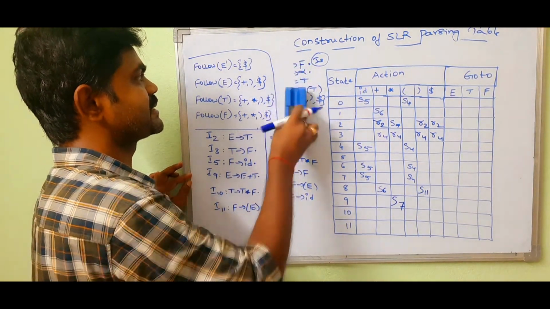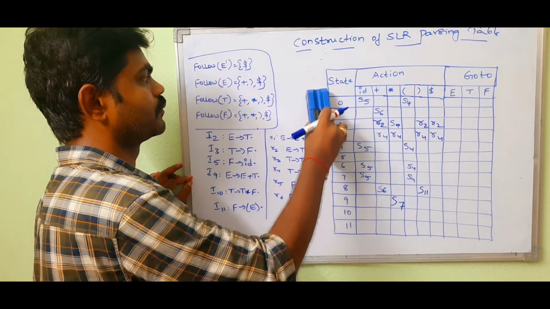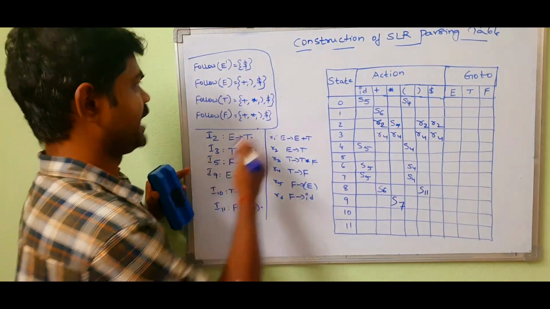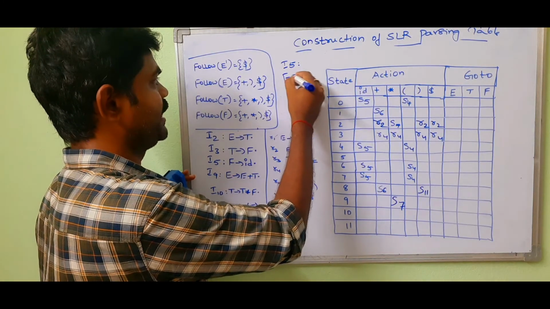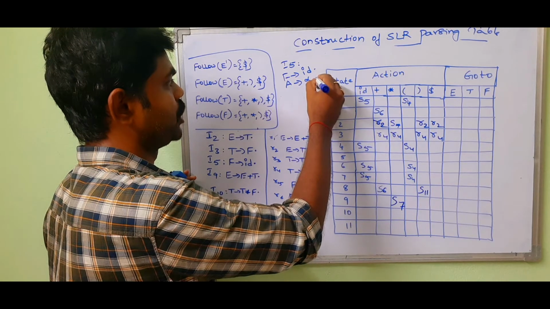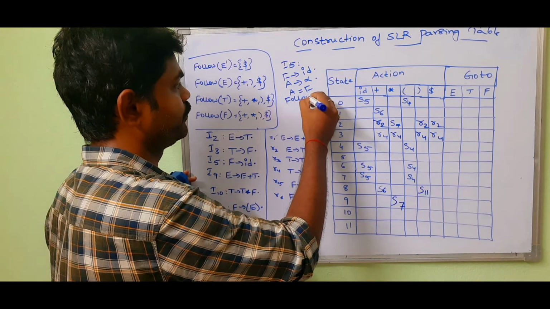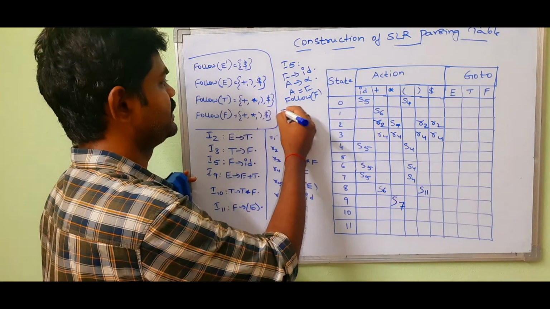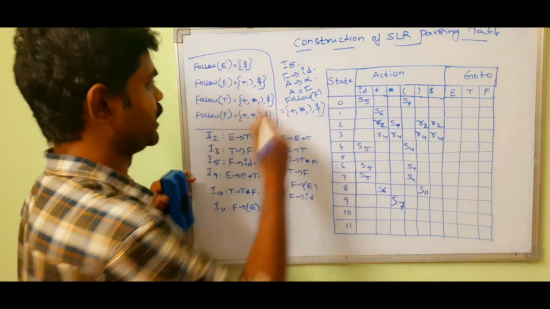So next is I5. So in I5, F tends to id dot. So A tends to alpha dot, A equal to F, that is follow of F. So what is follow of F? Plus, star, right parenthesis, dollar.